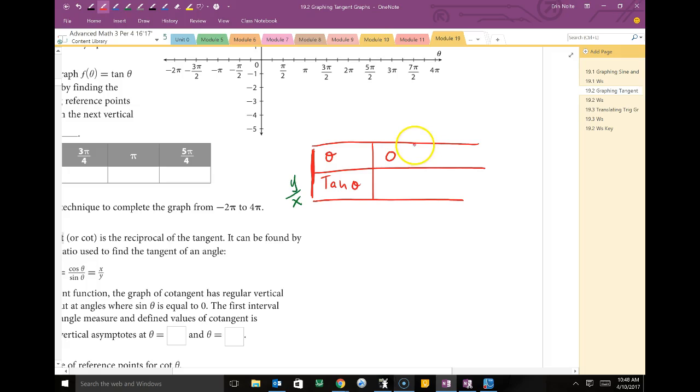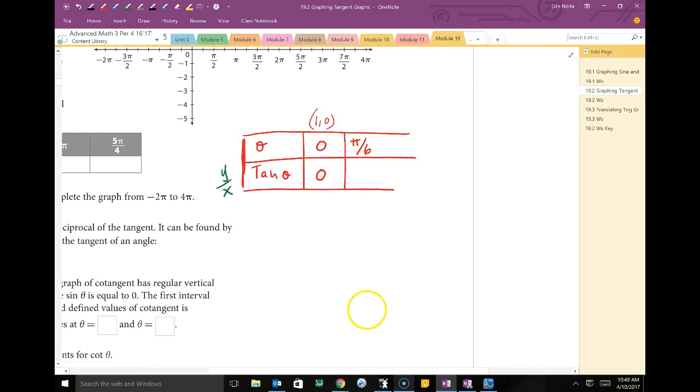What is the ordered pair at 0? 1, 0. So if we do y over x, what's 0 divided by 1? 0. Everybody okay with that? Move it along.